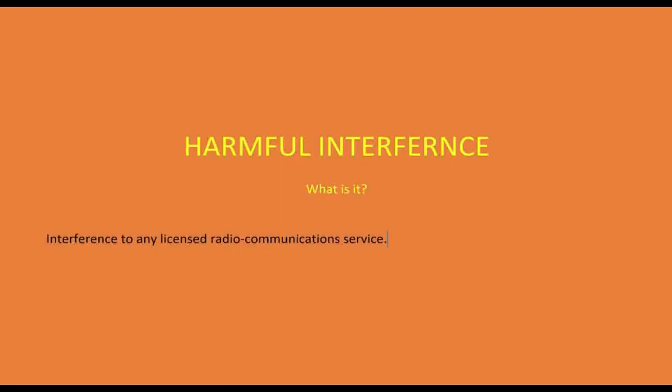You can talk to more experienced radio amateurs that might be able to help you with the interference. There is usually lots and lots of help from old hand radio amateurs out there willing to help you with interference problems.